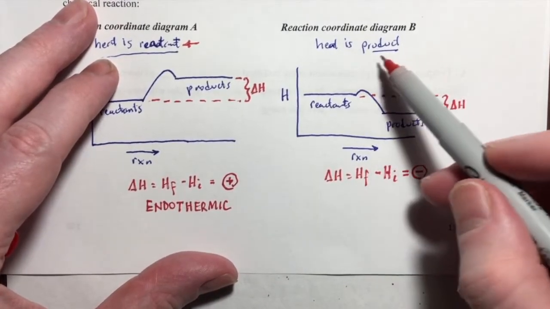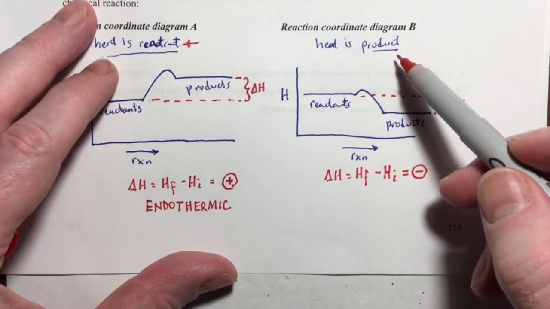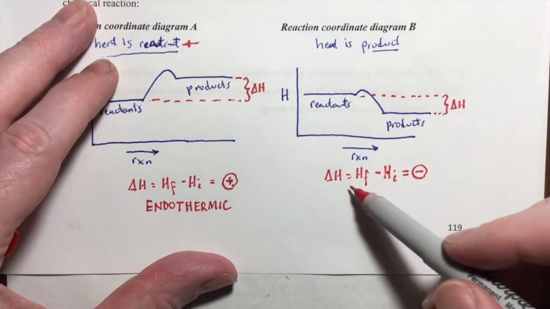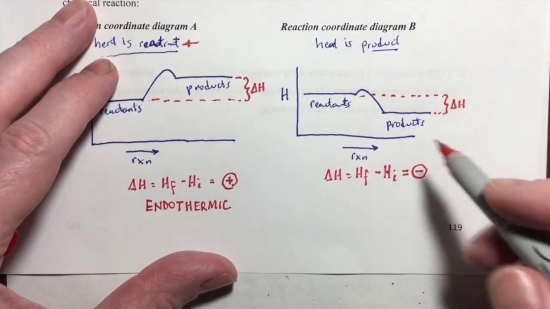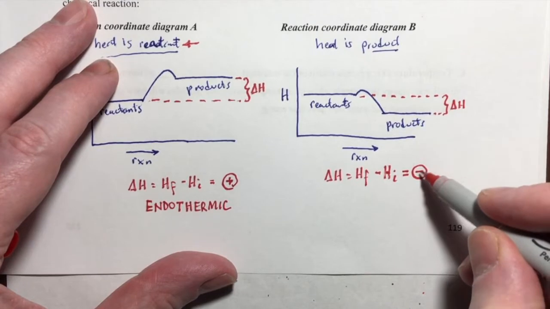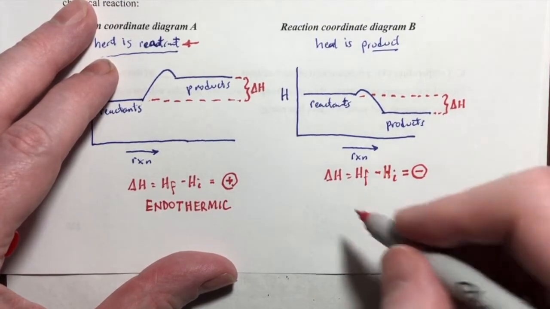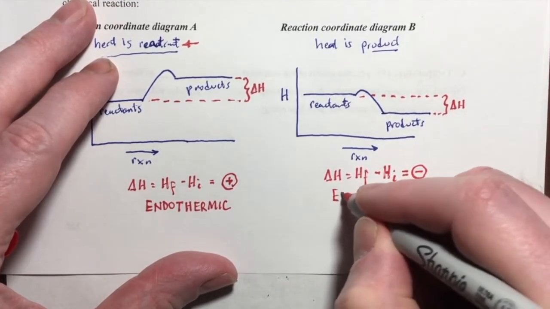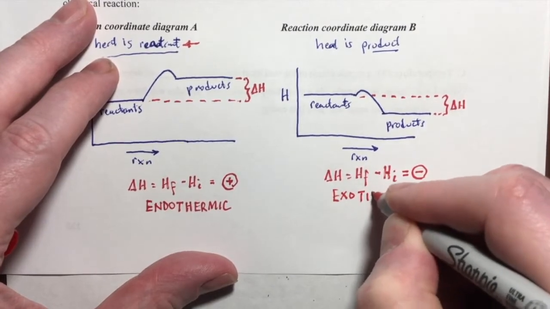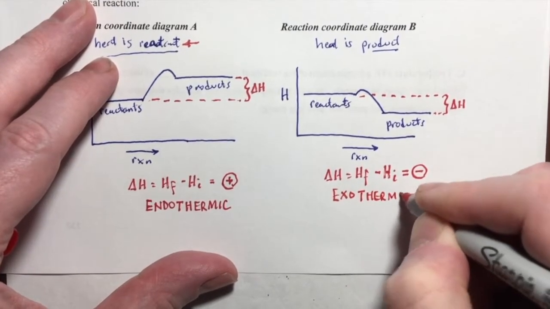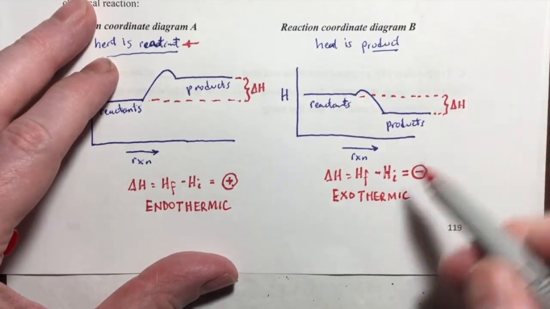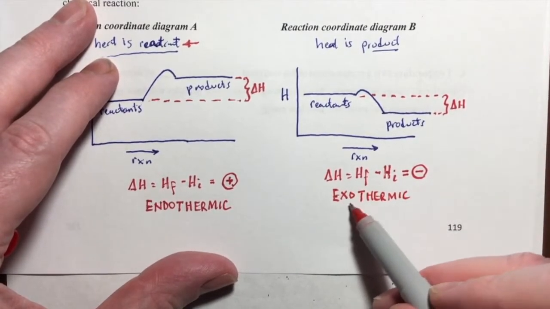Well, when heat is a product of a reaction, and the delta H, the change in heat for the whole system, is a negative value, the word that we have for that is exothermic. What does this mean? Exo meaning exiting or going out.